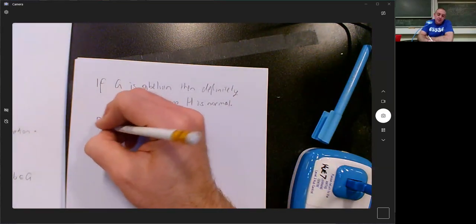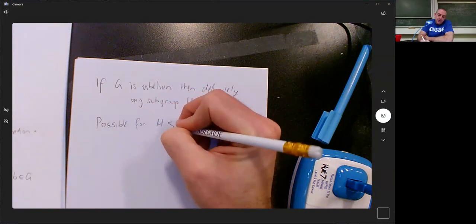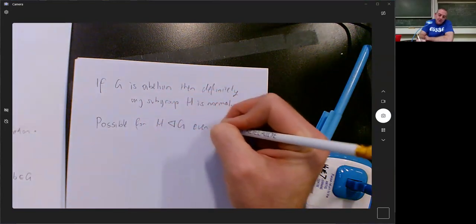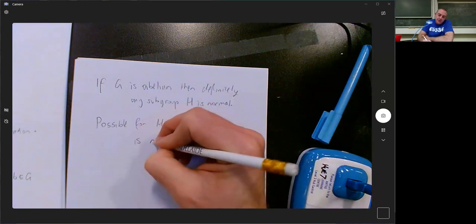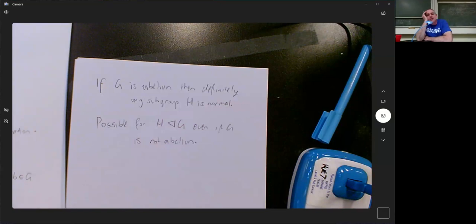But it is possible for H to be normal in G even if G is not abelian. But I do think something has to be abelian, and I think it's the multiplication in the quotient group that has to be abelian. It turns out that way. Pretty sure. Could be wrong. It is definitely not true that if there is a normal subgroup, then G is abelian.